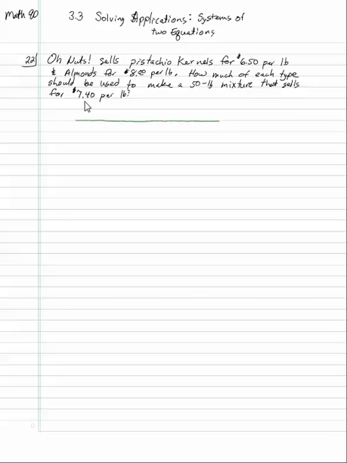Whenever you're doing these mixture problems, you've got a price per pound, and then you times it by the number of pounds.